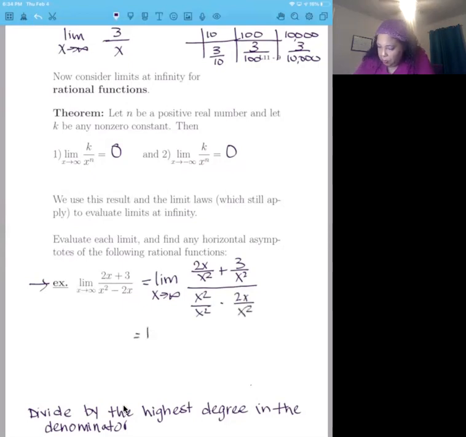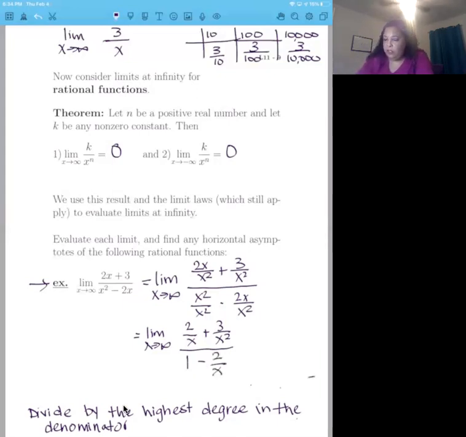Now let's reduce a little bit. 2x over x squared is 2 over x. I can't reduce 3 over x squared. I can reduce x squared over x squared. That gives me 1. And 2x over x squared gives me 2 over x.